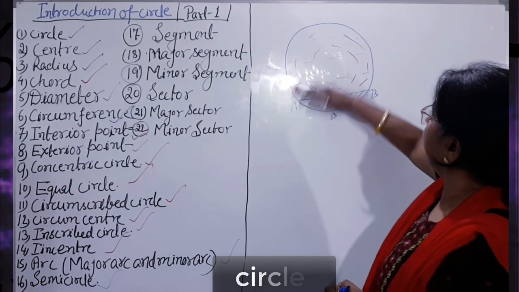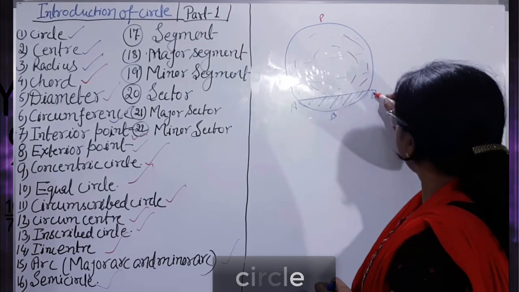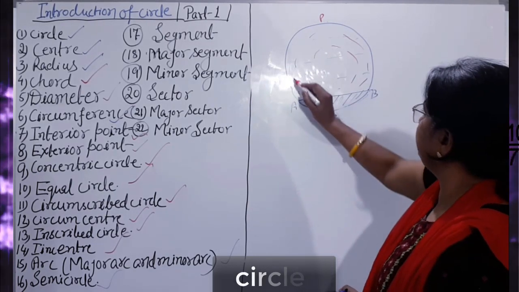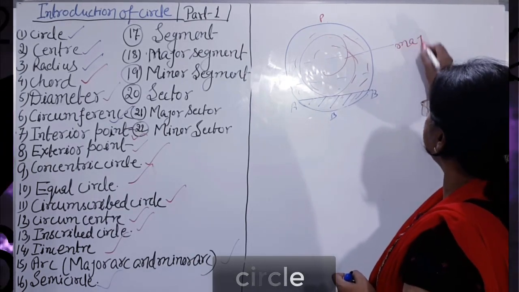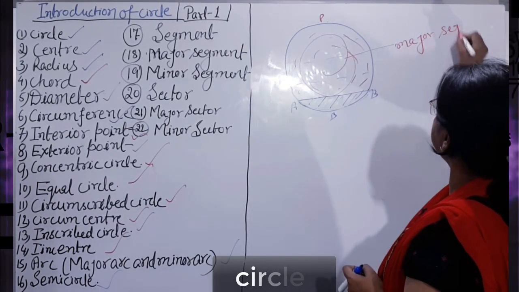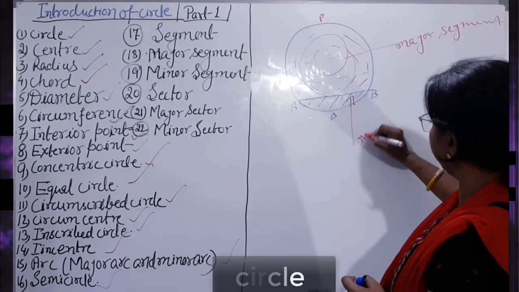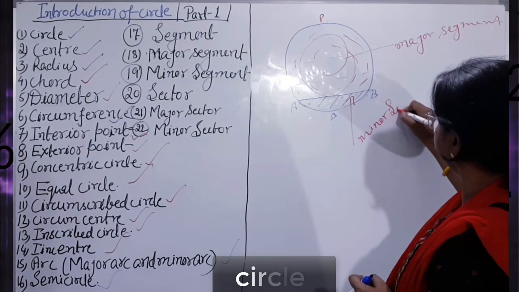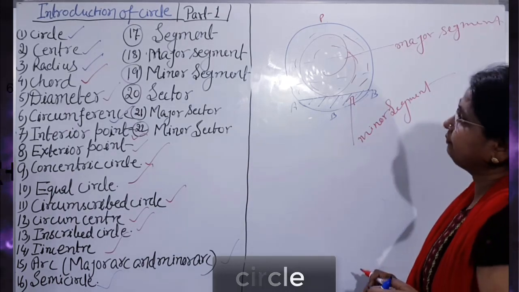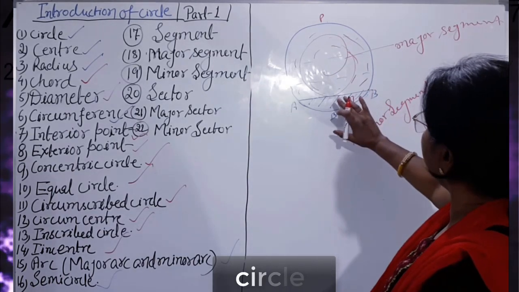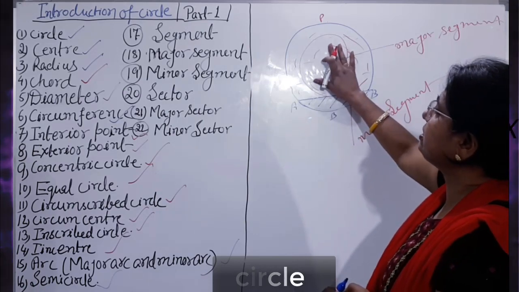Now the above one, APB, all this portion is called the major segment. And this smaller one is called the minor segment. In this way, there are two types of segments, minor segment and major segment.